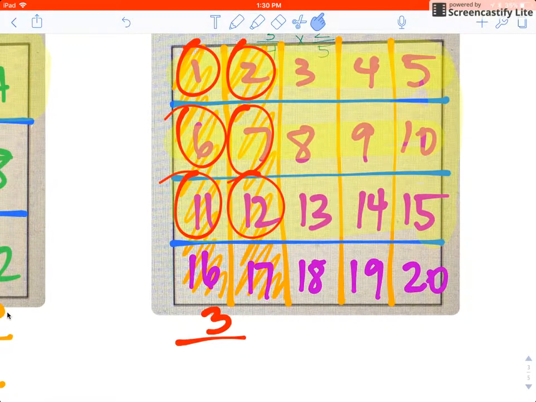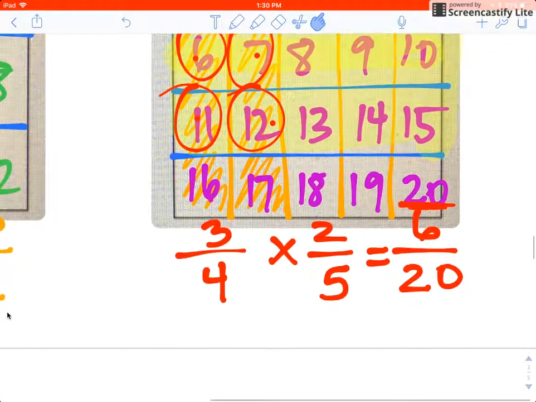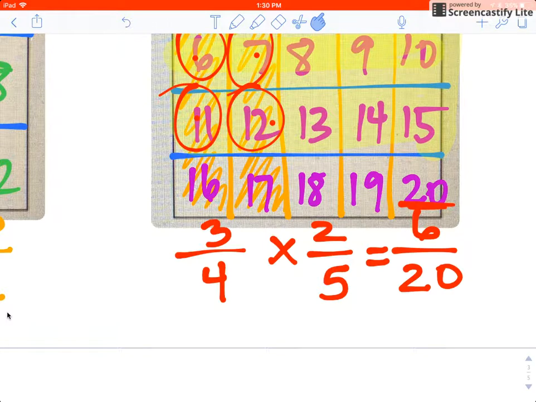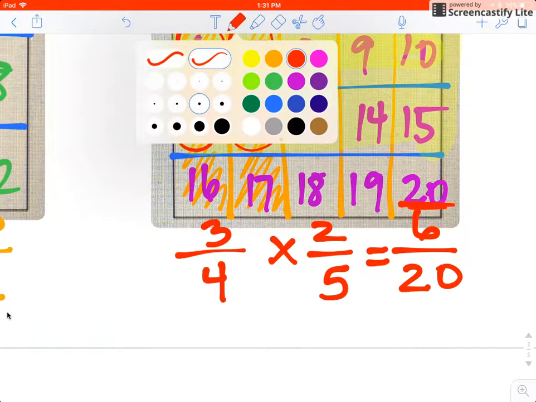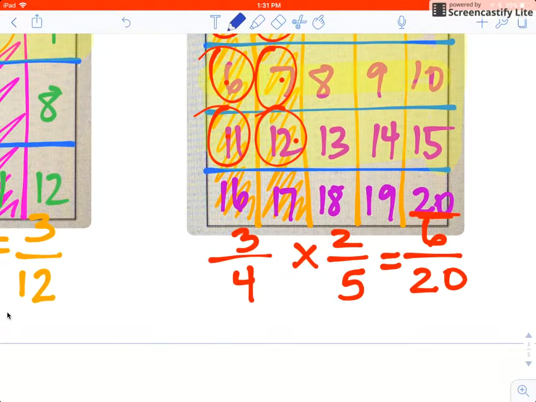So let's write our number sentence right below. It's 3/4 times, or of, 2/5. And this is equal to 6 pieces out of the 20 total pieces in our brownie pan. Now I'm noticing that I can reduce 6/20. I can simplify that and make it smaller. And I know that I could divide both 6 and 20 by 2.